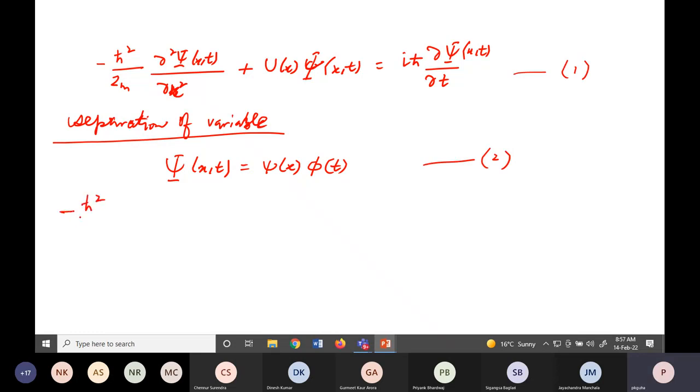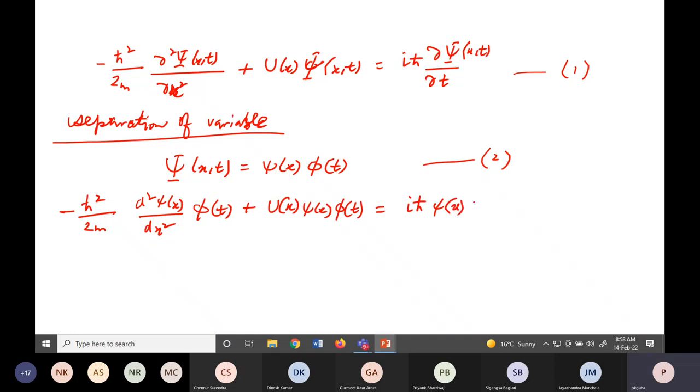What will we get? h bar squared over 2m, del squared psi over del x squared, phi of t, plus U of x, psi of x, phi of t, equals i h bar, psi of x, and here we will have del phi over del t.